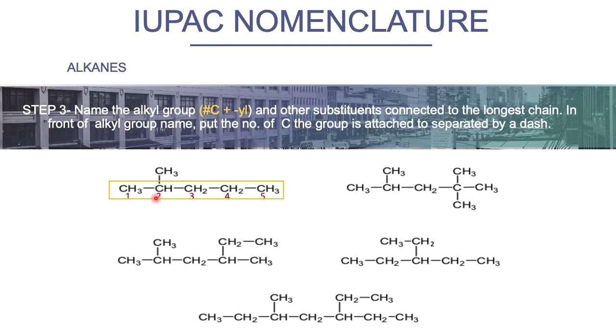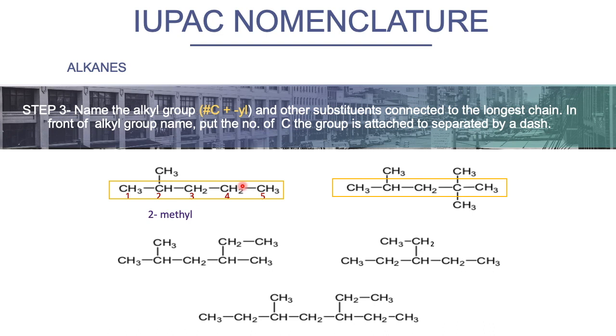So we go numbering from this end. Now here is our substituent. We have to name this substituent. So this alkyl group contains only one carbon atom. So it's a meth group, and this particularly is methyl. And it is attached to the second position. So we write 2-methyl. Notice that the numbers and the letters are separated by a dash.